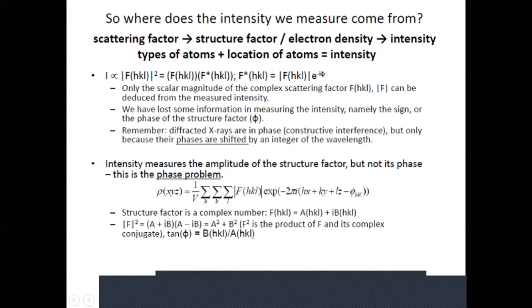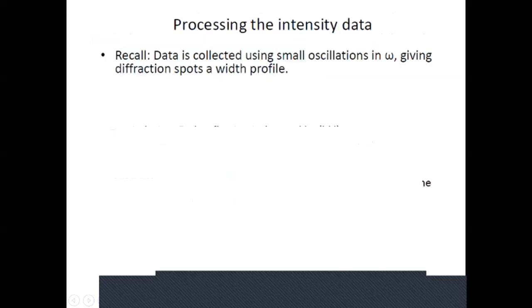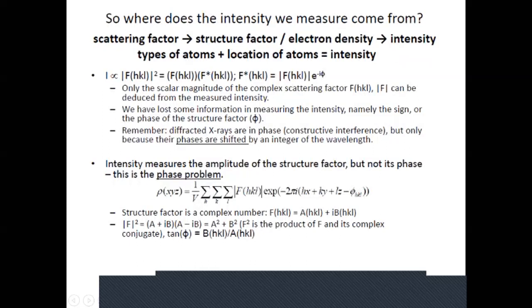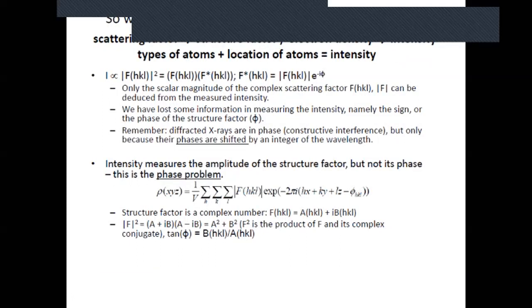And as we talked about, the structure factor is a complex number. We looked at that. And so we can find the phase by using this equation here. And so there are two things we need. We need the intensity and the phase. And that's the two components you see that are used in addition to the HKL indices to determine the electron density.